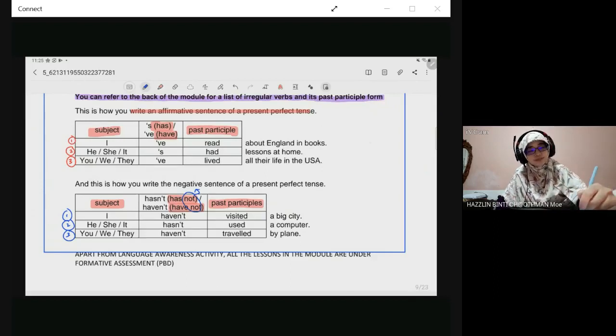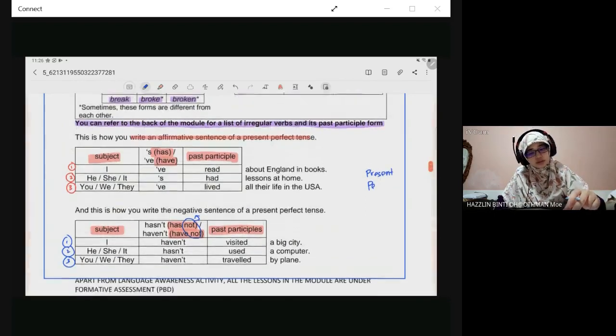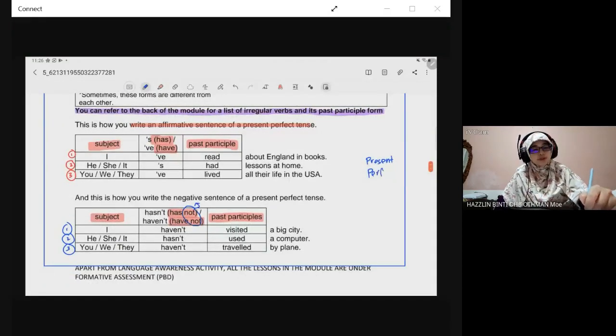Remember? Present perfect tense. For affirmative, you don't have not.